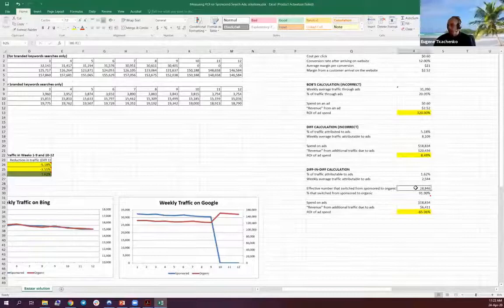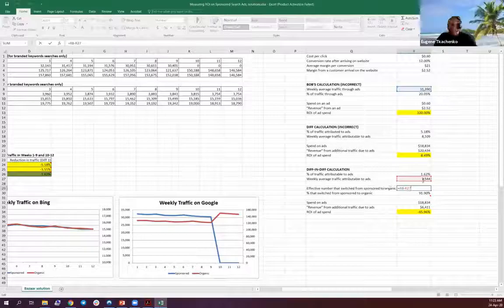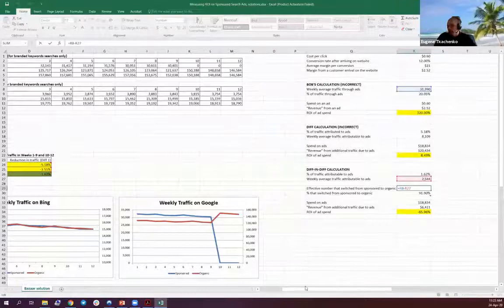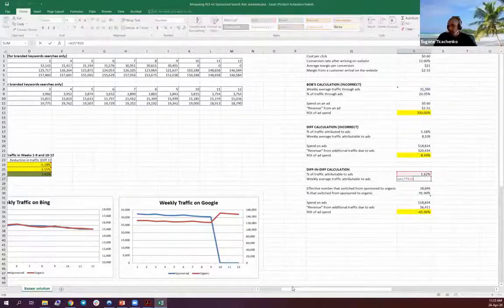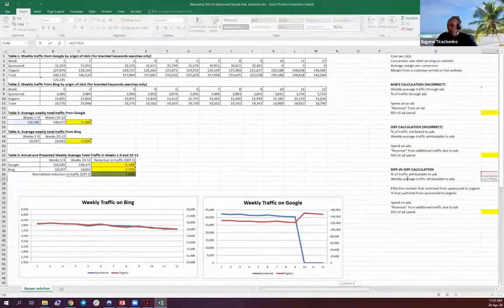So when we switch from the sponsored ads to organic, we're assuming that the average traffic attributable to ads for weeks 1 to 9 for Google was just 1.62%.